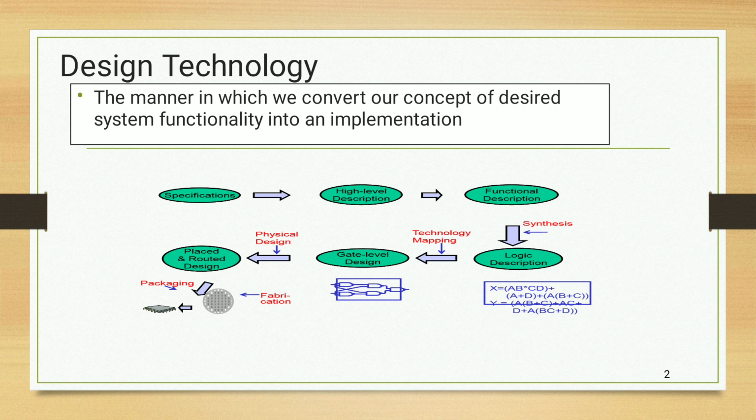IC design steps are shown in the given diagram. Specification, then high level description, to functional description, to logic description, to gate level description, finally placed and routed design.